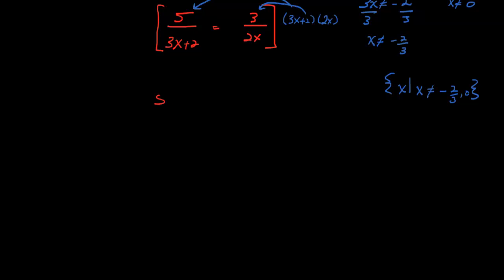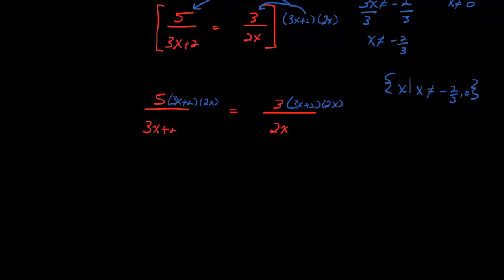And this will give us 5 still all over 3x plus 2, and that's going to equal 3x plus 2 times 2x. And this will be set equal to 3 all over 2x, multiplied times 3x plus 2 times 2x.